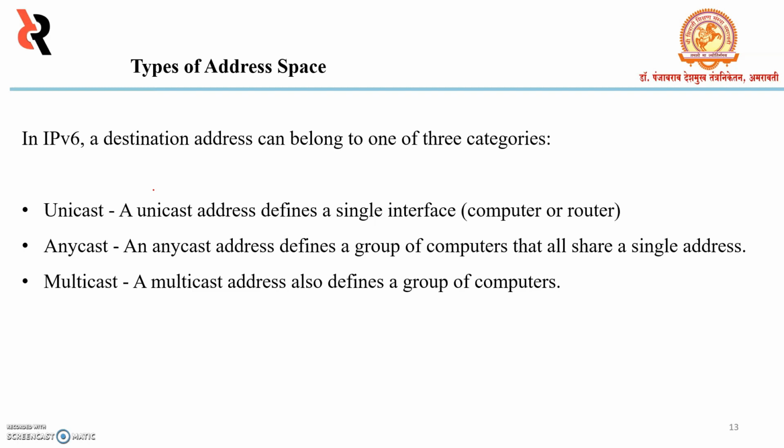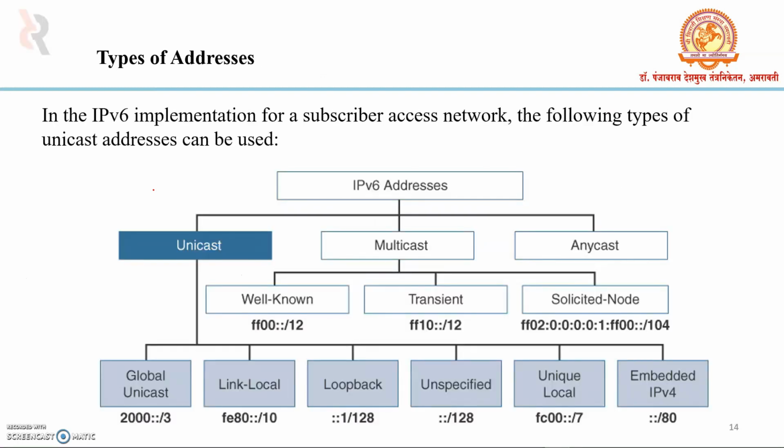Unicast addresses support a global address scope and two types of local address scopes. A unicast address consists of n bits of the prefix and 128 minus n bits for the interface ID. In the IPv6 implementation for a subscriber access network, the following types of unicast addresses can be used.